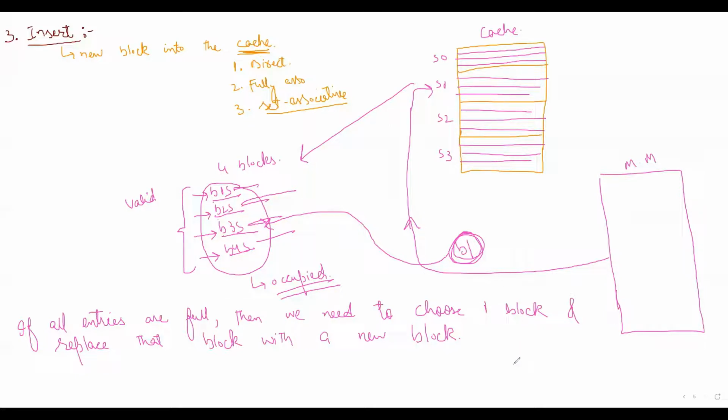So depending upon the type of technique that we use to choose one among these 4, we have different replacement policies. Okay. So we have different replacement policies. So let's see some of the cache replacement policies.